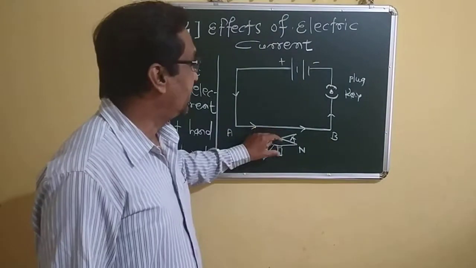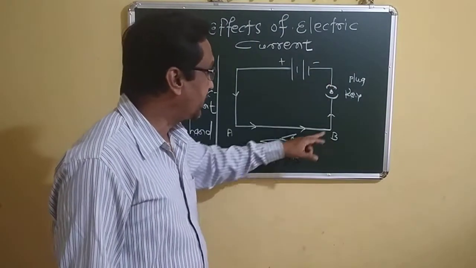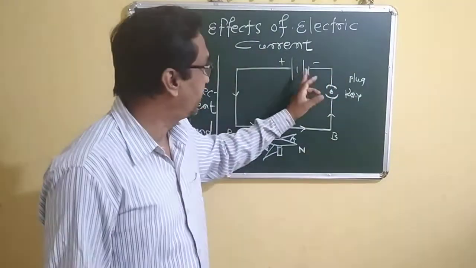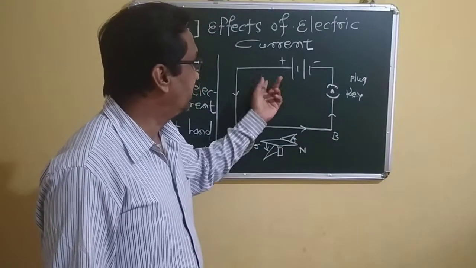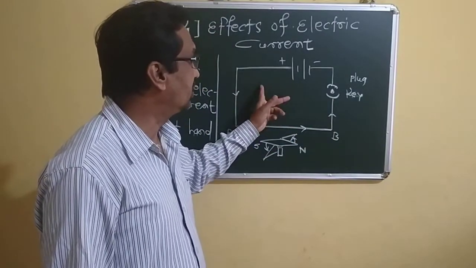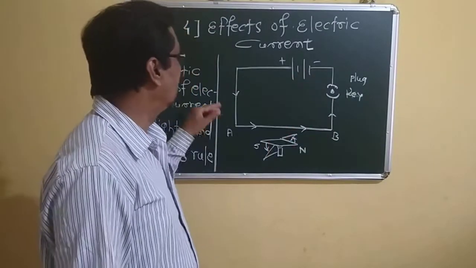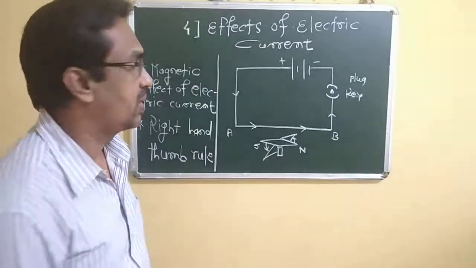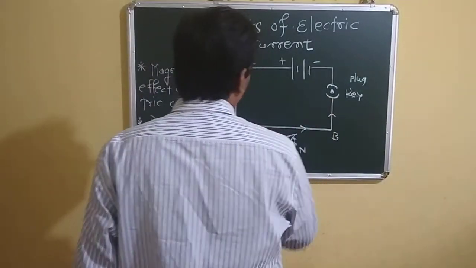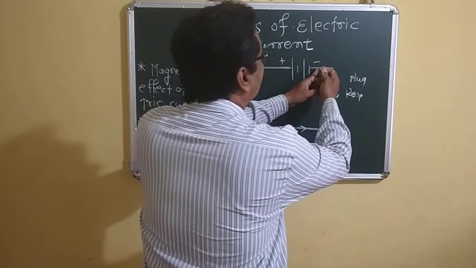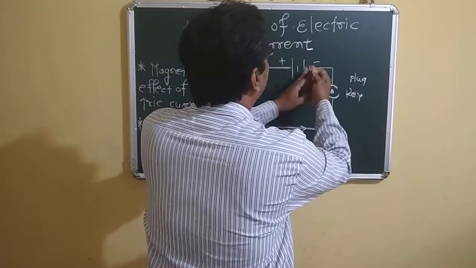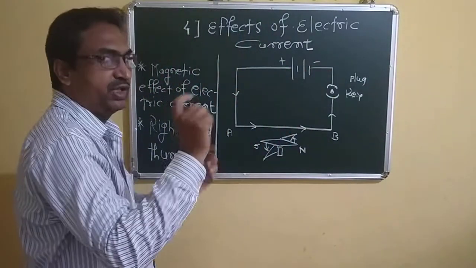When the current is flowing in this direction, it is actually opposite to that of the first one. The current flows from B to A when we take the positive terminal here and the negative terminal there by interchanging the polarity.